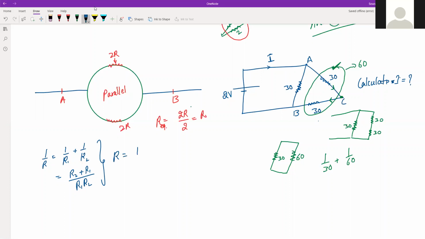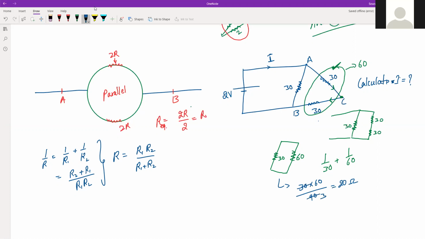R is equal to R1 R2 divided by R1 plus R2. So the equivalent of this 30 and 60 in parallel will be what? R1 R2 divided by R1 plus R2, that is equal to 20 ohm, right?